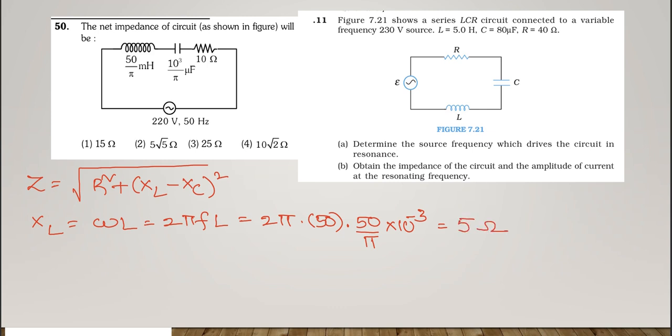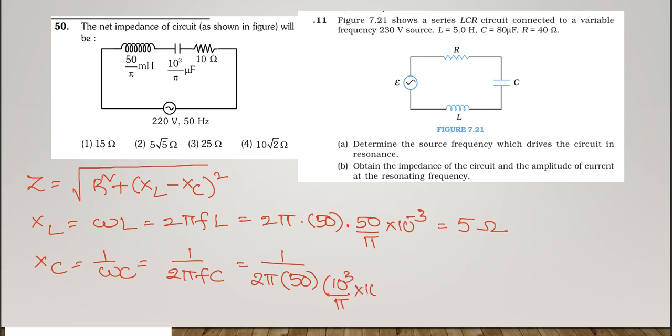5 ohm. And similarly XC is 1 by omega C, that is 1 by 2 pi F C, or that will be 1 by 2 pi into F, which is 50 hertz, and C is given as 10 cube by pi into 10 to the power of minus 6, so that this pi gets cancelled.